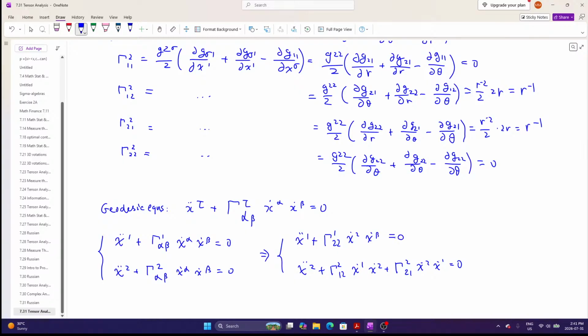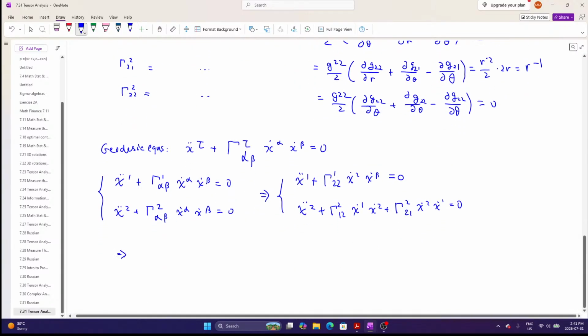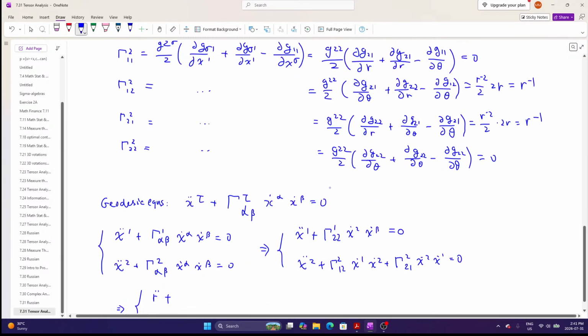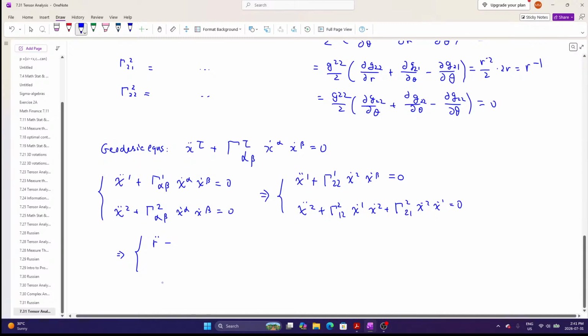Right, I forgot equals 0. So simplify or rewrite it into more natural notation. x1 double dot would just be r double dot, and then plus gamma 1 to 2. What's that? It's just minus r. This is minus r, okay?